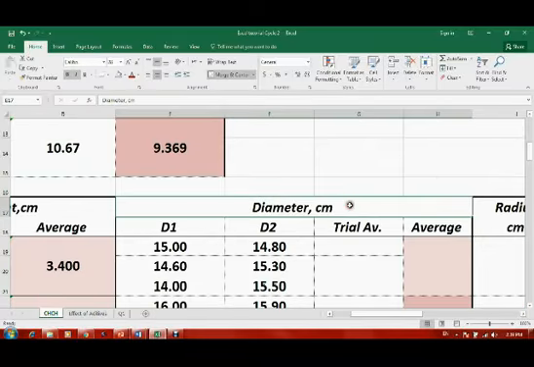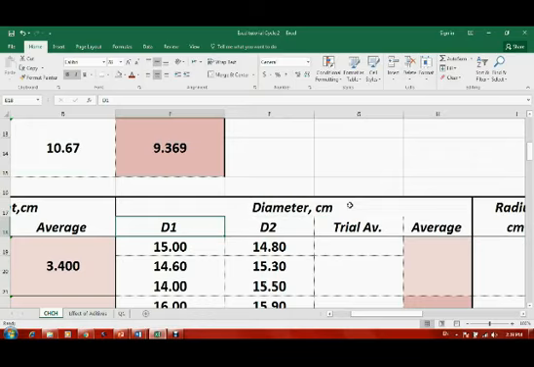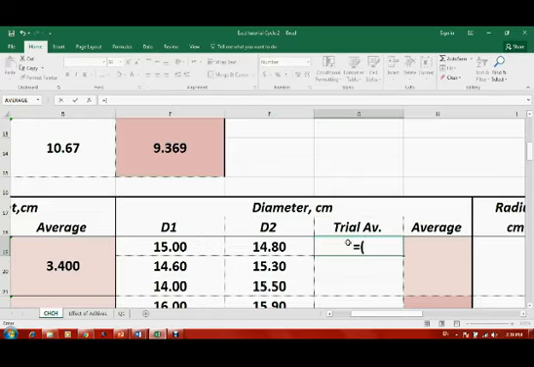Now, to measure the radius, we have first to measure the average diameter for each trial. Remember, we measure 2 diameters per each trial. As you can see, summation, then divide by 2.